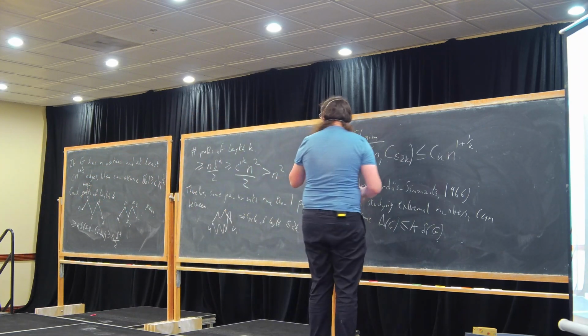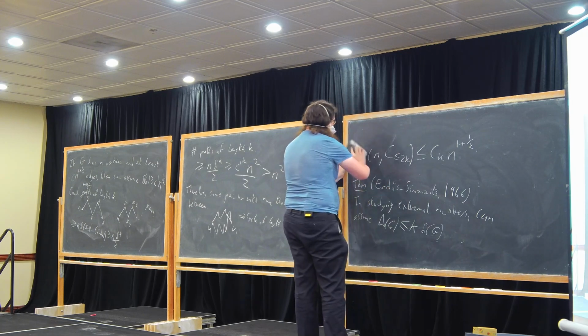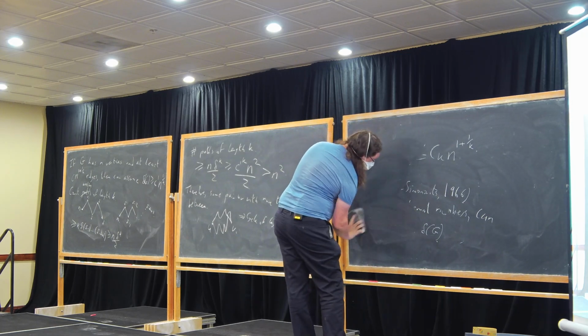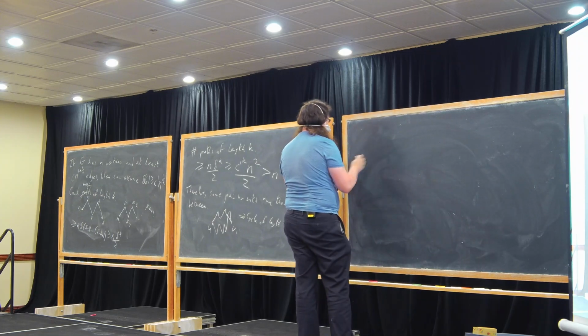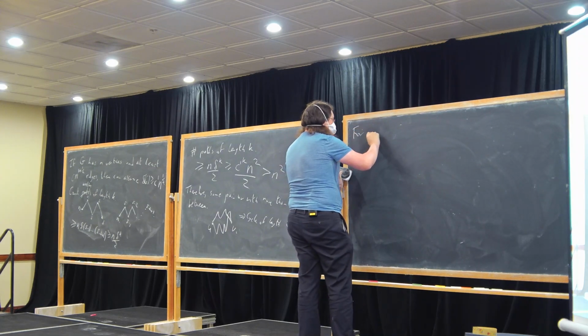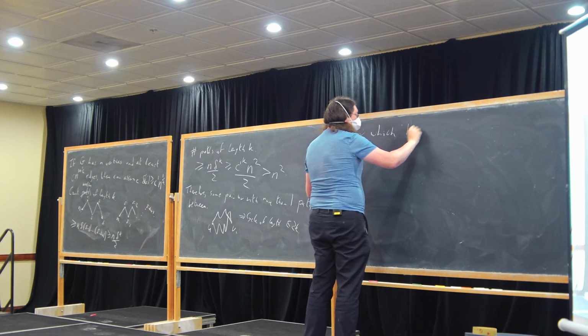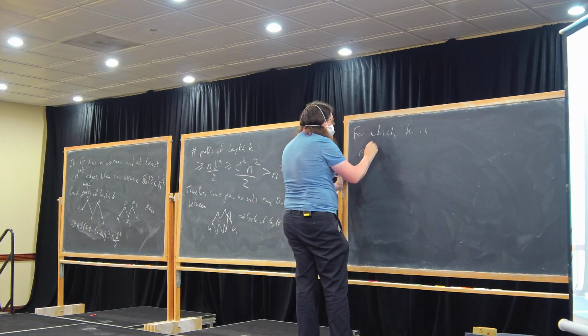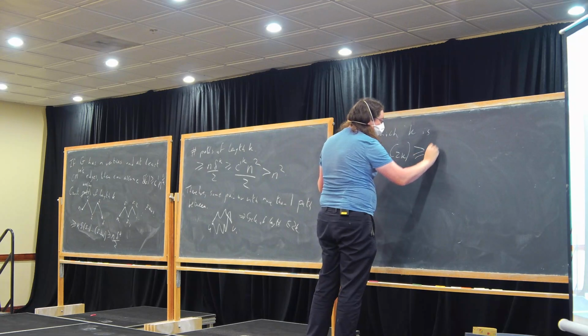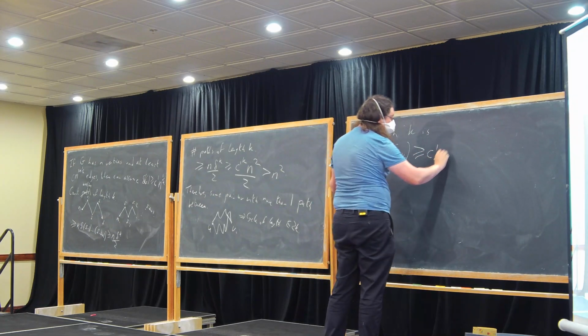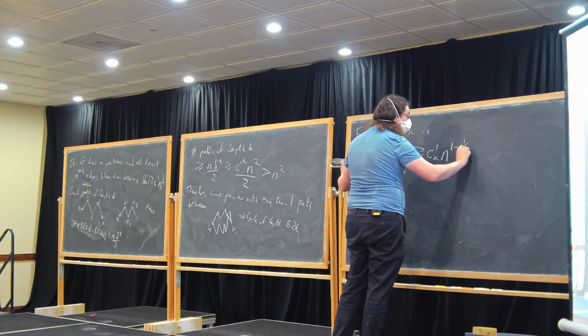All right, so again, when are these results tight? For which k is the extremal number, and now let's go back to the actual cycle, at least some constant depending on k times n to the 1 plus 1 over k?